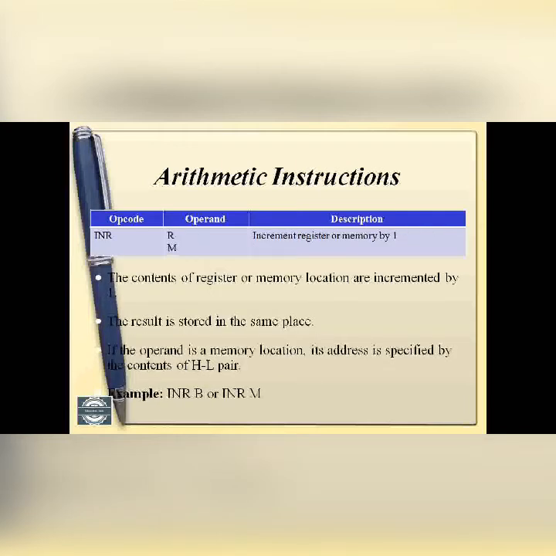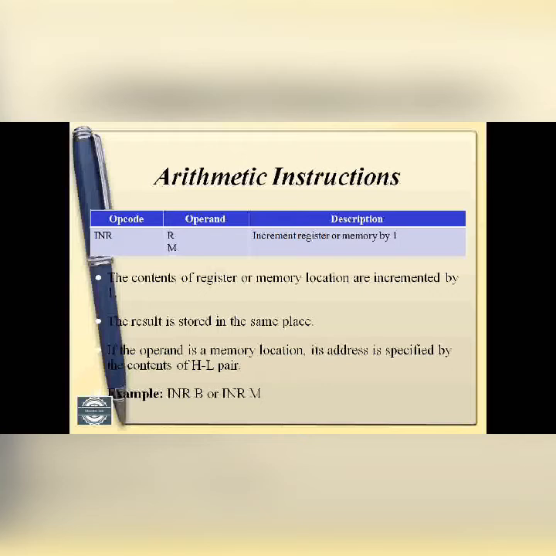Right now, INR. INR will tell you that the content of the register or memory location is incremented by 1, or decremented. INR means increment. If I have to decrement, just the opposite will come. Before that, for increment we have to check.